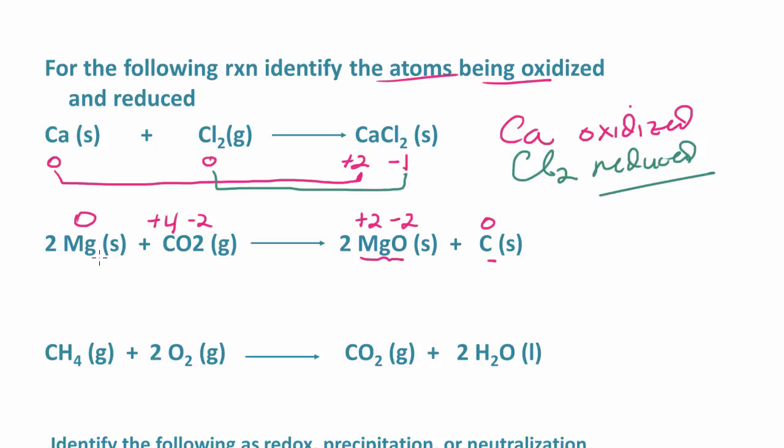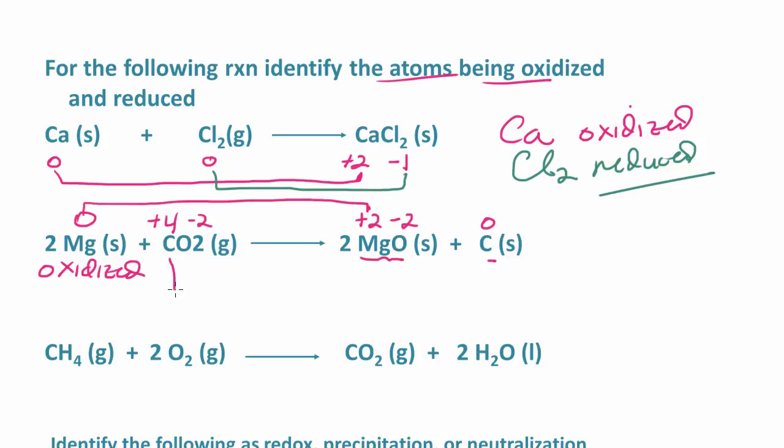So let's see what's going on here. Magnesium has gone from a 0 to a +2, an increase in charge, so the magnesium has been oxidized. Notice the oxygen is always a -2, so nothing's happened with the oxygen.